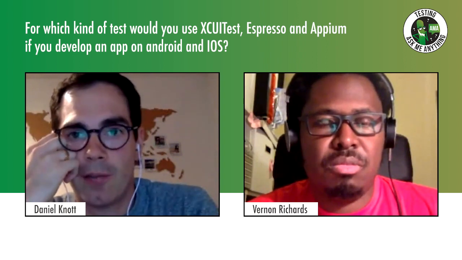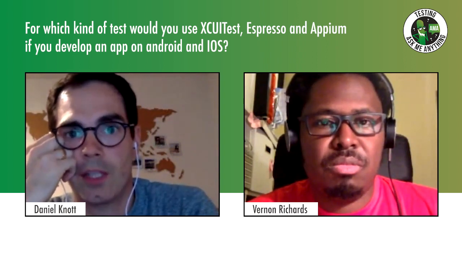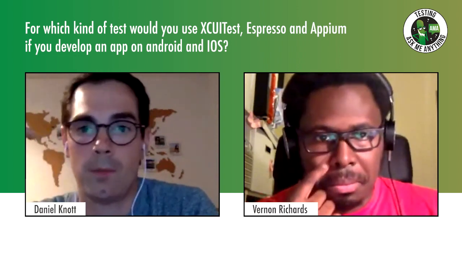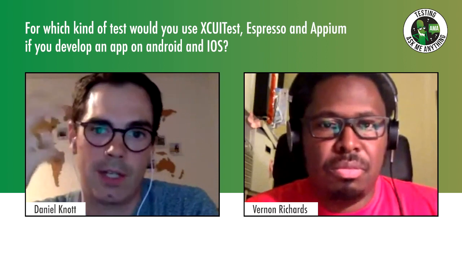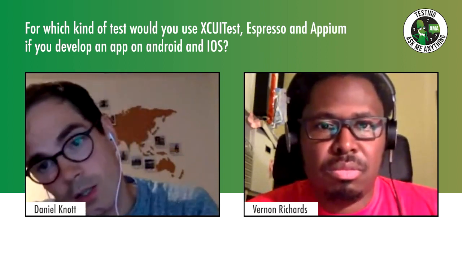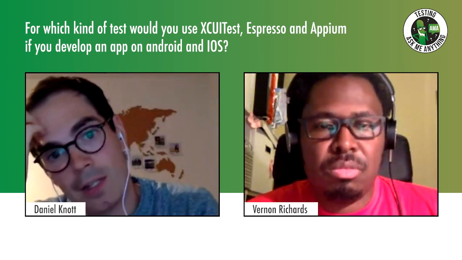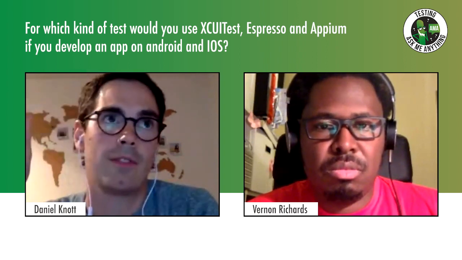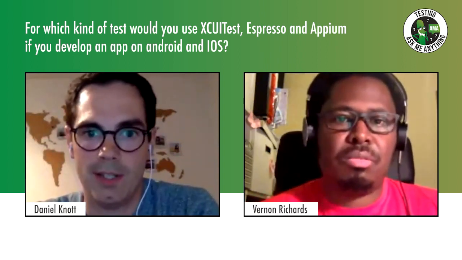On the other side, if you have developers that are also keen on writing tests in their own language, meaning Objective-C or Swift on the iOS side, or Kotlin or Java on the other side, maybe it's also helpful to introduce those tools, because then you have the developers' buy-in more easily.